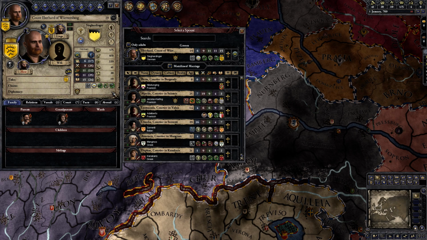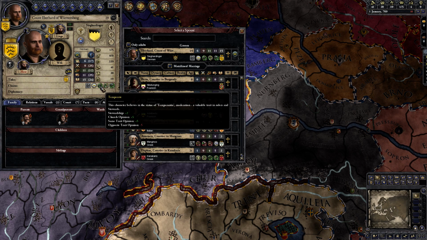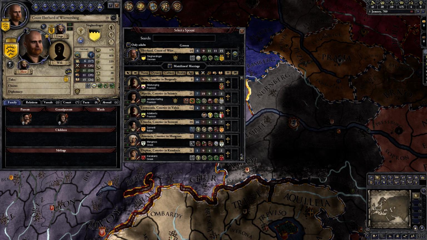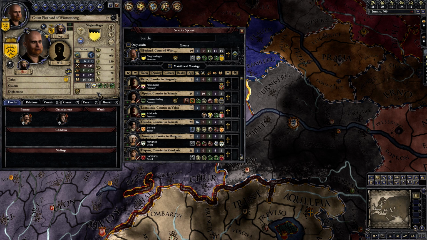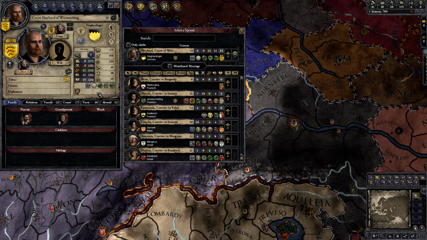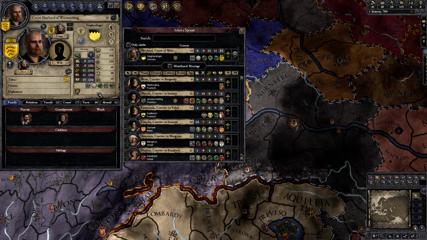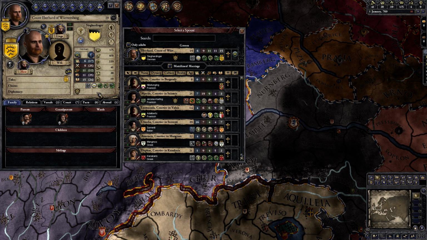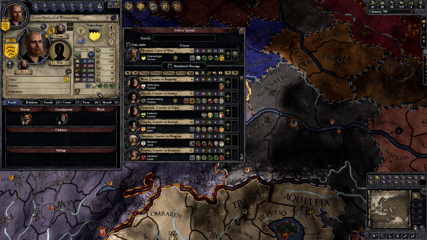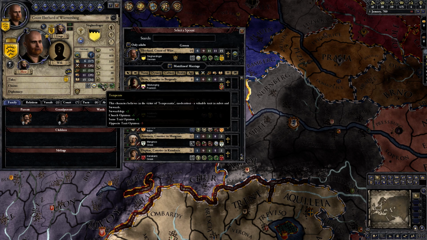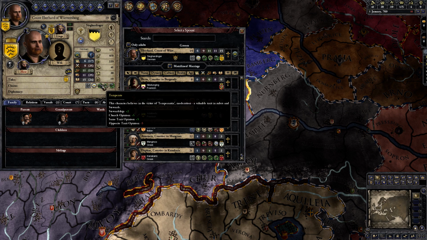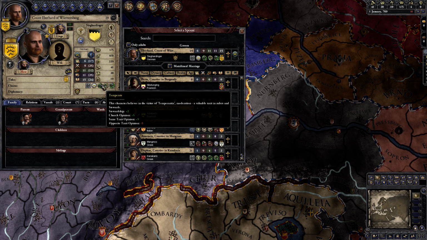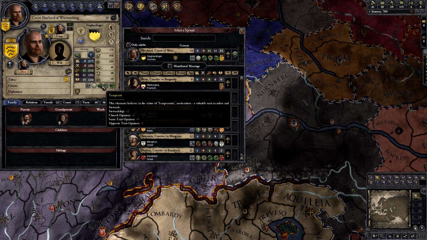Then there's the ones with a green background. The green backgrounds are all virtues, and the red ones all are sins. So there's 7 sins and 7 virtues. And every sin has a corresponding virtue. You can't have the same corresponding sin and virtue at the same time, obviously. So our character is temperate, which is a really good virtue to have, because it gives +2 stewardship.